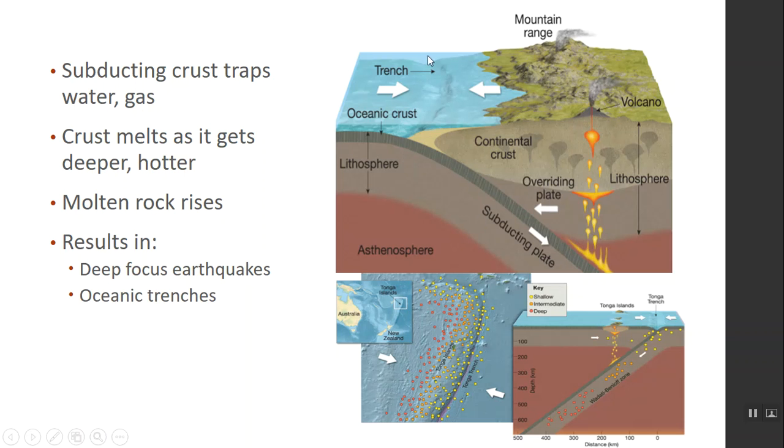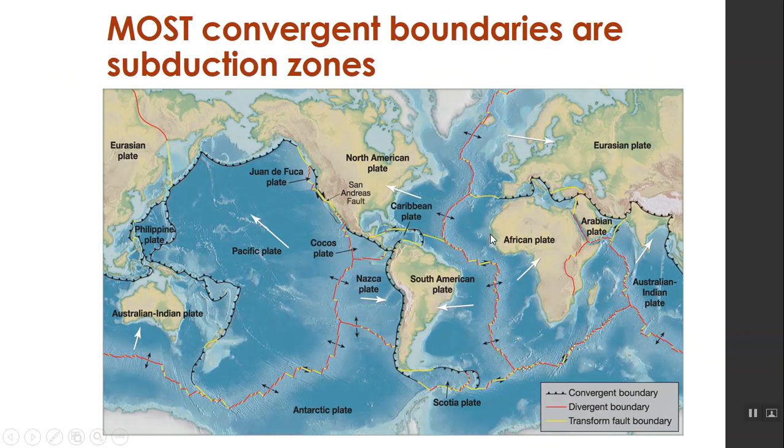It results in ocean trenches. Here's a trench right there that is being formed from this ocean crust being pushed underneath this continental crust. Also volcanic arcs that are active volcanoes, right? So you see this mountain range here. You have this magma that's rising up, pushing this stuff up, creating this mountain range.